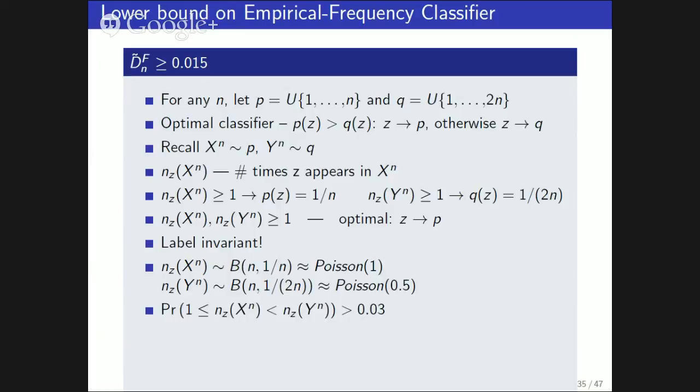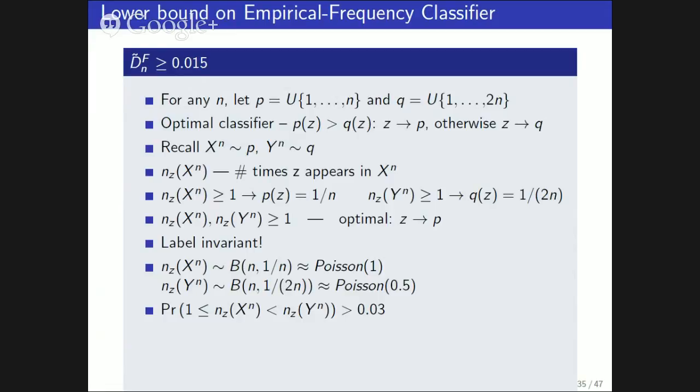So ideally, we would like to classify to the Poisson 1 because it's more likely. But if we use empirical frequency, there's some probability that the Poisson 0.5 will give a larger number than the Poisson 1. And in that case, we make a mistake.